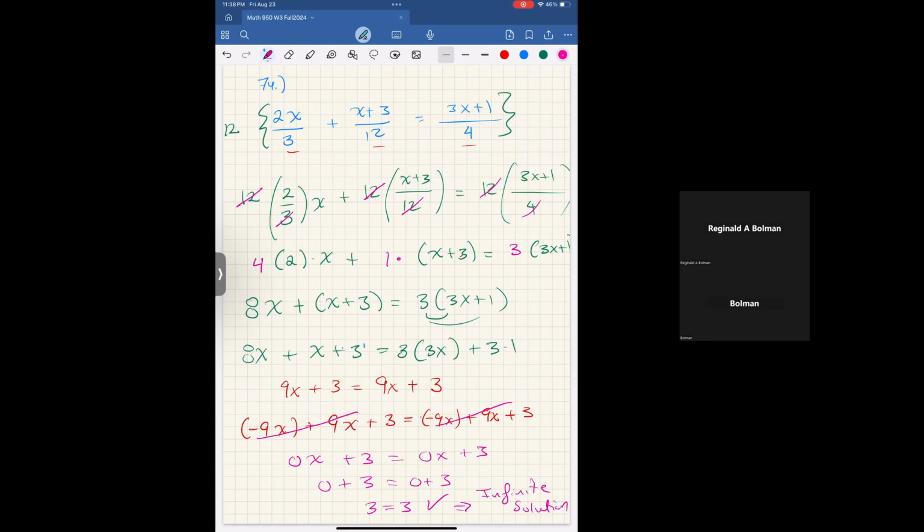You only have the illusion that the left and the right-hand side of your equal sign are out of balance because you've got these different fraction terms on the left-hand side. But if you had combined your fractions together, which would be a little bit challenging perhaps, but if you had done that, you would see that the left-hand side and the right-hand side were actually equal to each other. And thus, because both sides were equal to each other, there's an infinite number of solutions for x.